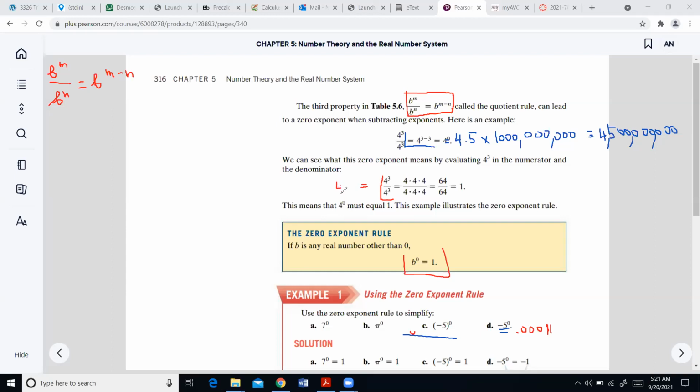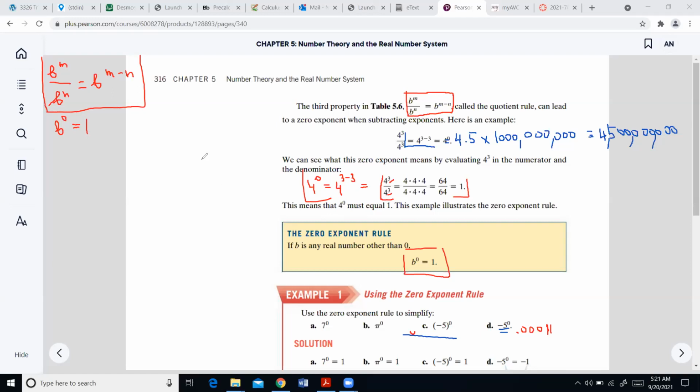So I will say it's 4 raised to the power of 3 minus another 3, because the powers are 3 and 3 and are supposed to be subtracted. And this is nothing else but 4 raised to the power of 0. So the 0 power is equal to 1. That's a very unusual property, one can say, right? Why should the 0 power be equal to 1? Well, it simply comes out of that popular property of division of 2 exponents.